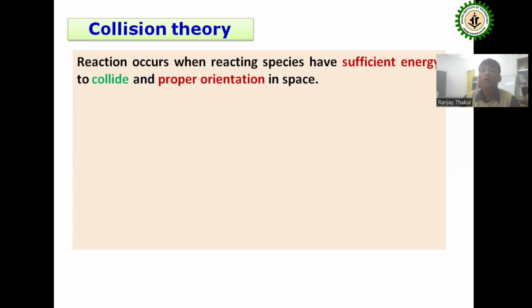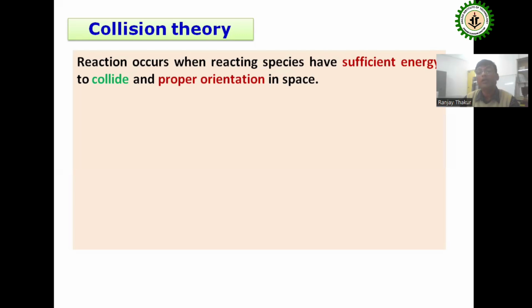So before starting the reaction, it is essential to increase its energy up to a certain level, sufficient energy, and then it collides with the other reactant in proper orientation in space.